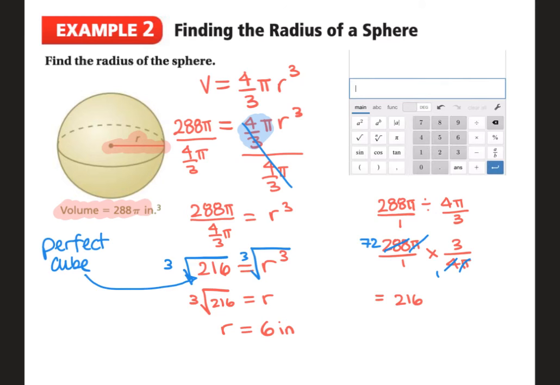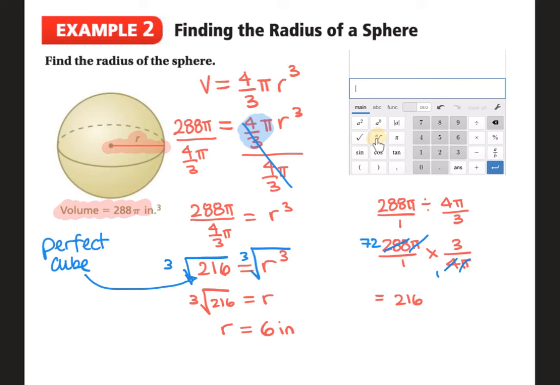So let's say if you did not realize that 216 was a perfect cube, we could still use the calculator to help us figure out what the cube root of 216 is. So on your calculator, you should see a button that looks kind of like that one I just highlighted here. It's got an n and a square root sign, but this n here means we can make it the cube root of something.